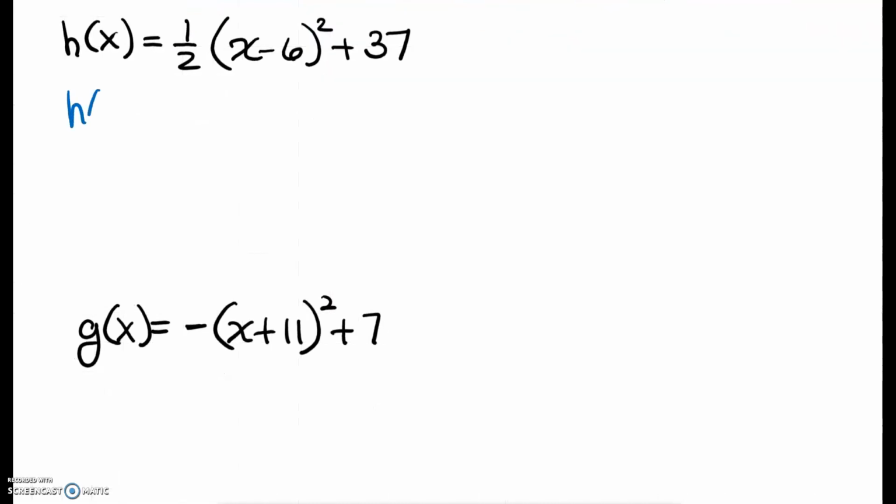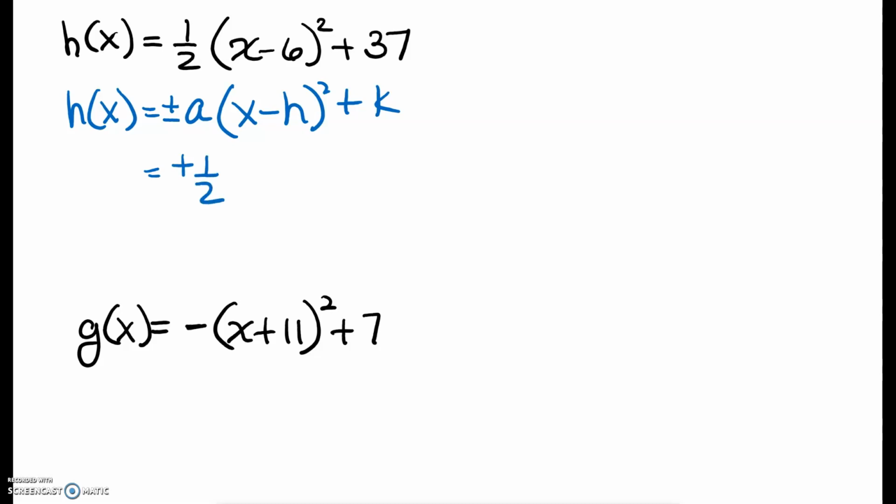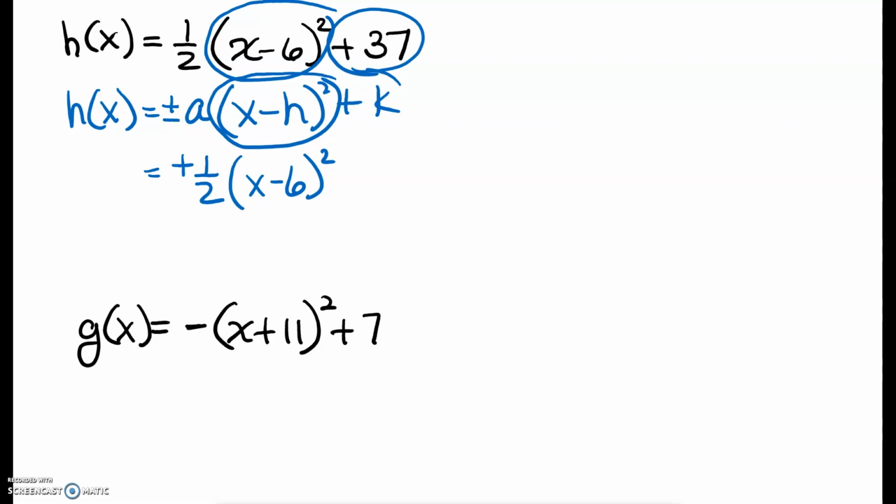I have, let's make sure it's in the right form. (x minus h) squared plus k, and this really was supposed to be an a. So it looks like it's in the right form here. I have a plus 1/2. Here's my squared term. Okay, I have a subtraction, so that looks good. I'm adding at the end a plus 37, so that's k, and this is h.